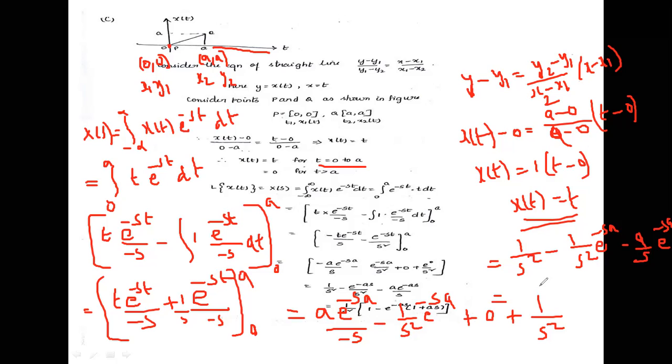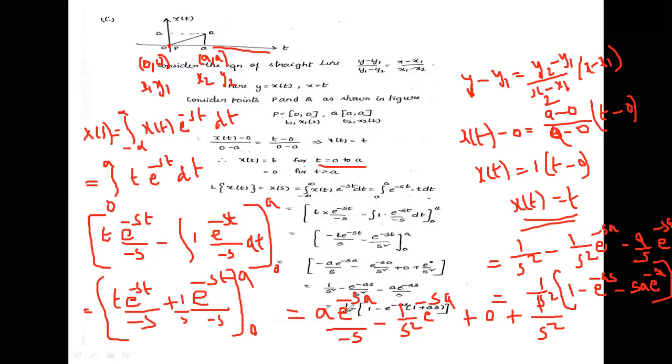Take the common factor 1 by s square, my dear students. It becomes 1 by s square into 1 minus e power minus as, and here only one s is there. Now multiply s in the numerator: s a into e power minus s a.